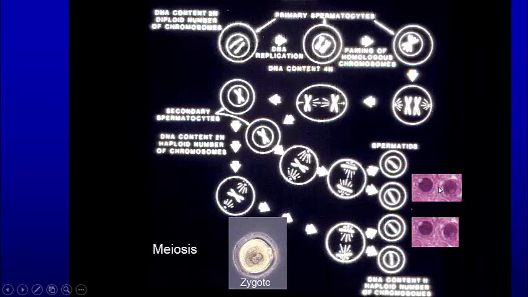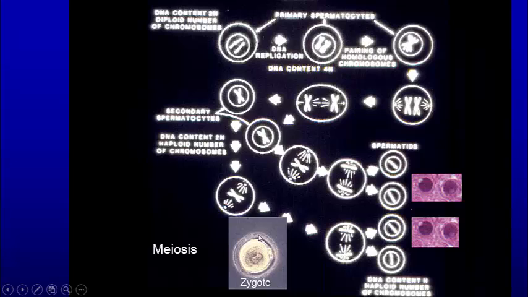In the case of spermatogenesis, that would produce four spermatids, which have a haploid number of chromosomes. But in the case of the female, oogenesis, it's going to produce a zygote, because the second meiotic division doesn't occur unless it's fertilized. So if it's fertilized, it's now a zygote.